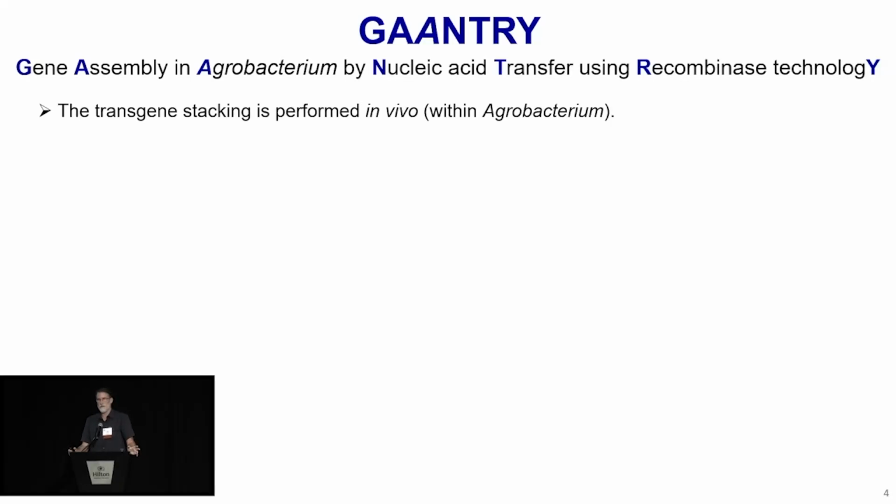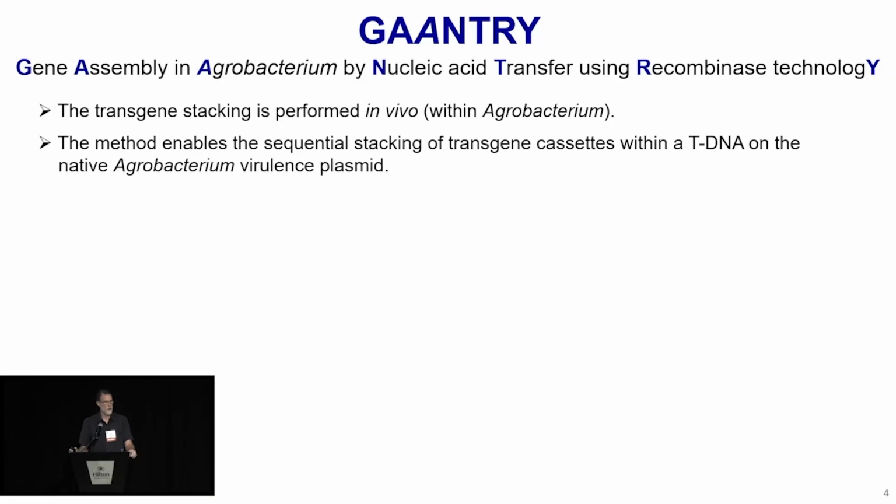GANTRY is quite a bit different from the systems that Katie talked about, and I'm going to point out some of the unique attributes of this system. Transgene stacking is not performed in a test tube. It's performed in vivo in the Agrobacterium strain that you're going to use for transformation of plants. This method enables the sequential stacking of multiple transgene cassettes into a single T-DNA.